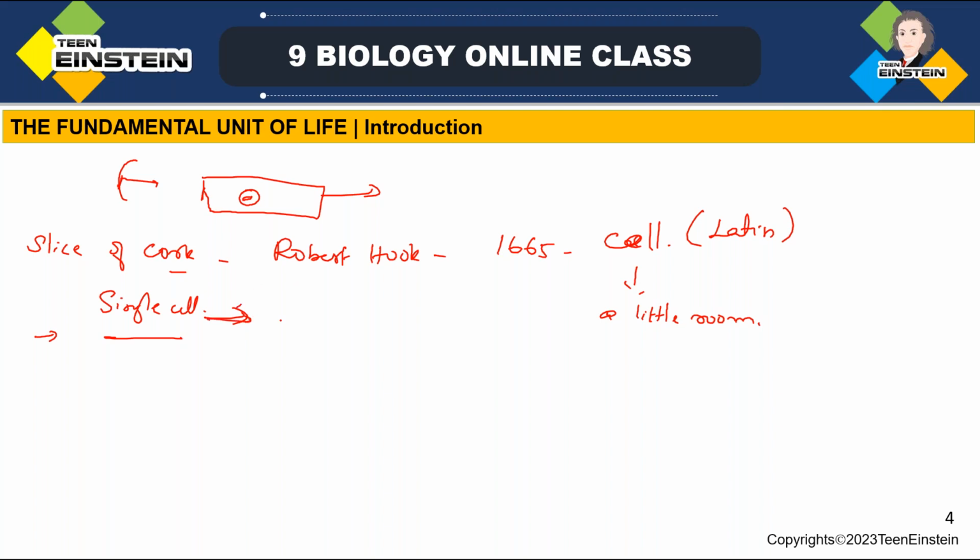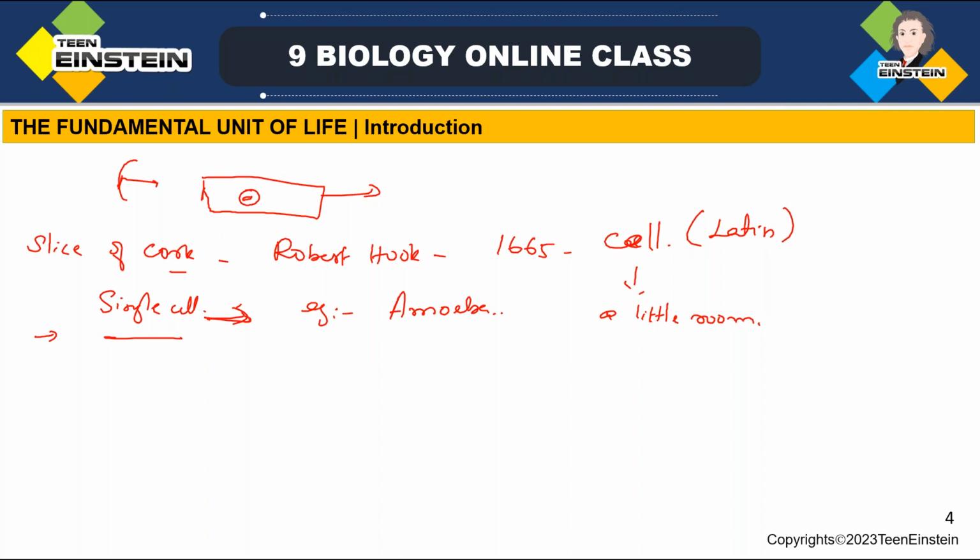That is a basic unit because it can perform all functions. So a single cell may constitute a whole organism, like amoeba. A single cell forms a complete organism. For example, amoeba is a single-cell organism, right?